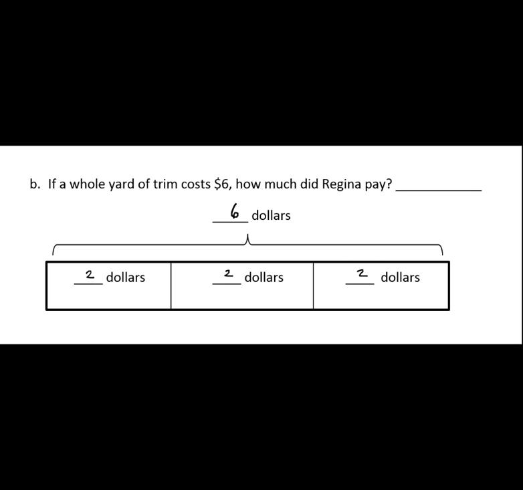In the first part of the question, we determined that Regina bought 2/3 of the yard, which would be represented by 2 sections in this tape as well, and that would be a total of $4. So if a whole yard of trim cost $6, how much did Regina pay? She paid $4.